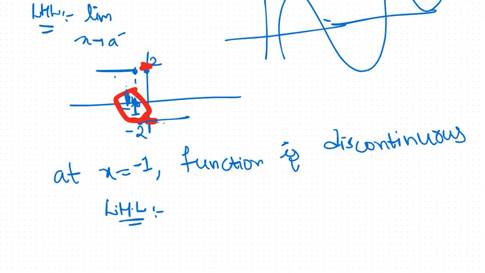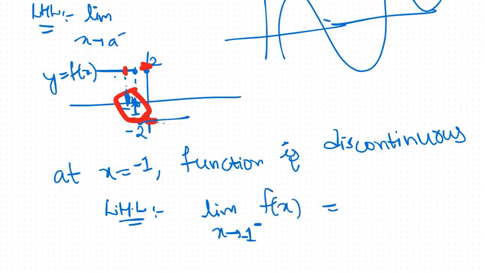The corresponding graph value, the y value, is 2. The approximate value of the graph is 2, correct? So LHL, limit x tends to -1 minus, just before -1, with y equal to f of x, its value will be just around 2. Any doubt so far?